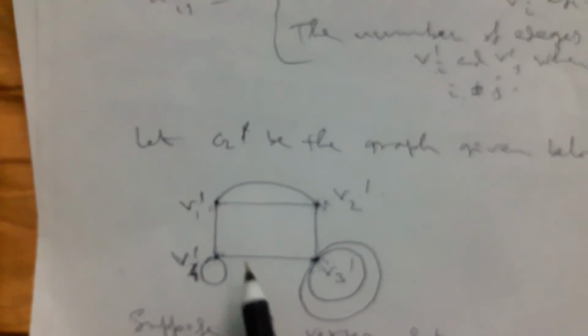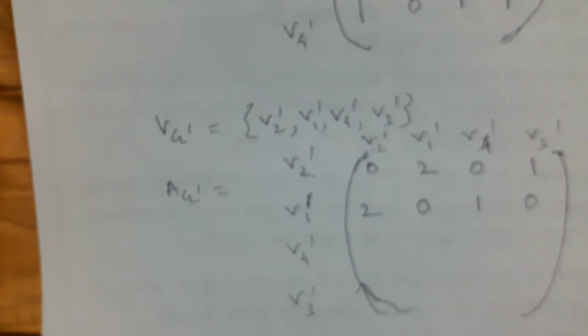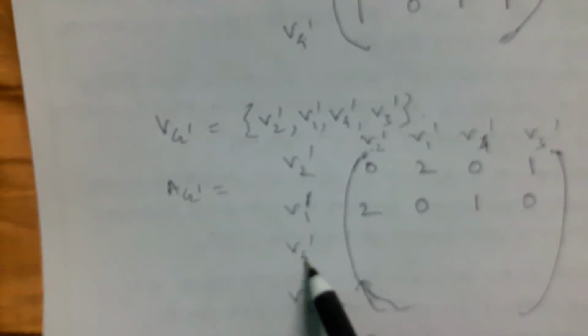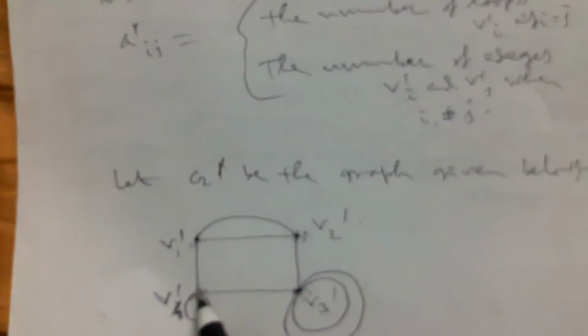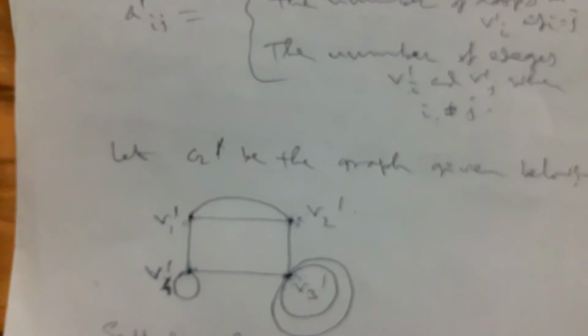V1 dash, V3 dash, the result will be 0, since there is no incidence. V4 dash, V2 dash, no connection, so the result will be 0. V4 dash, V1 dash, the result will be 1, one edge is there.